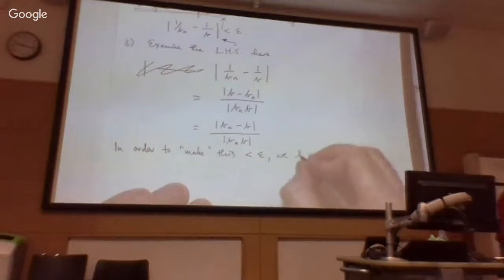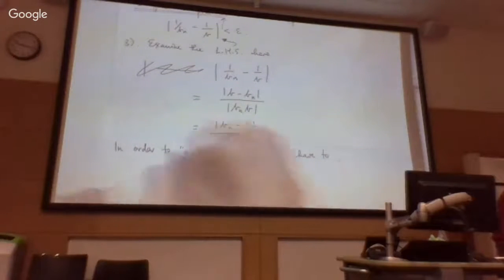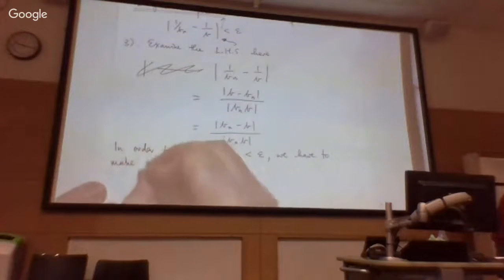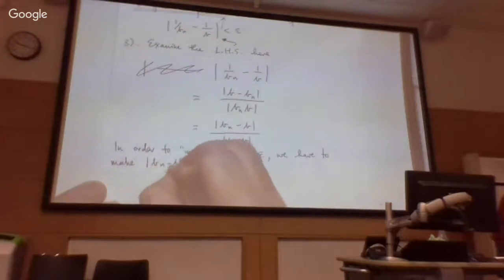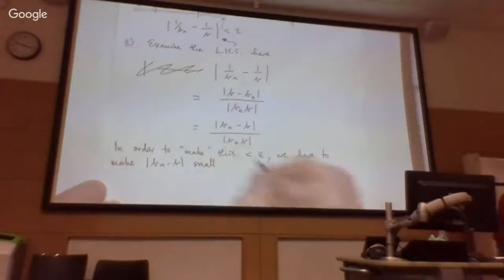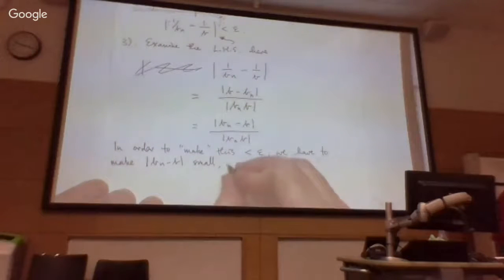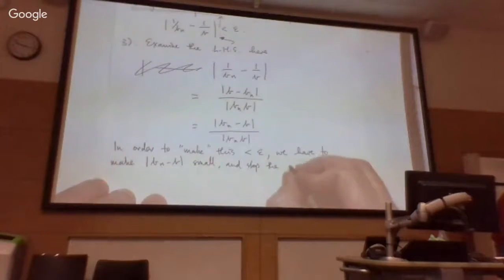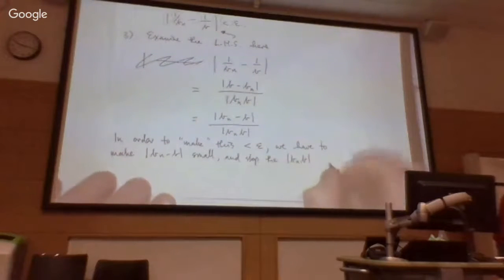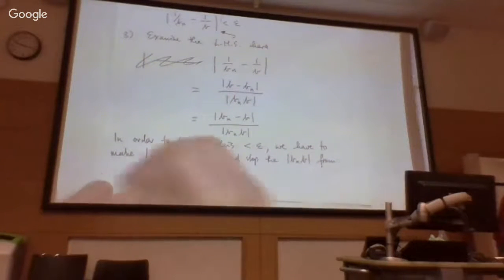So let's continue with this language. We have to make the numerator small. I'm just being imprecise about what exactly I mean by small. And stop the denominator, the absolute value of bn times b, from getting too small.